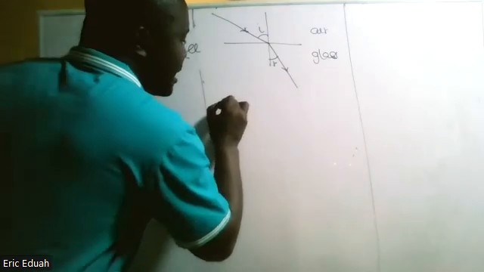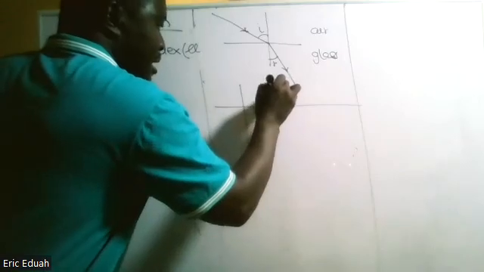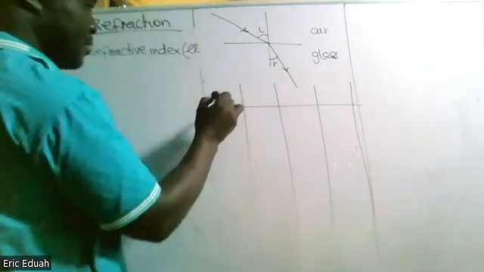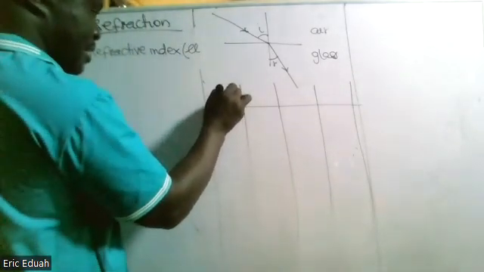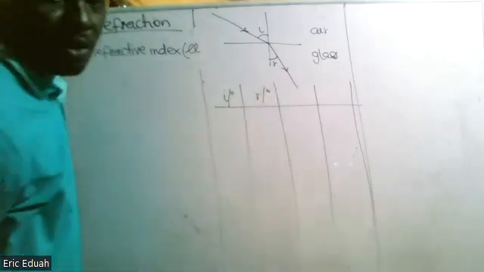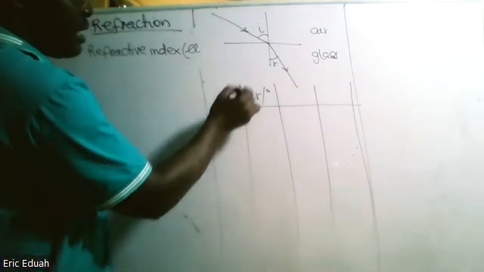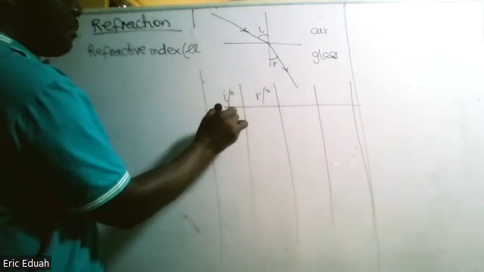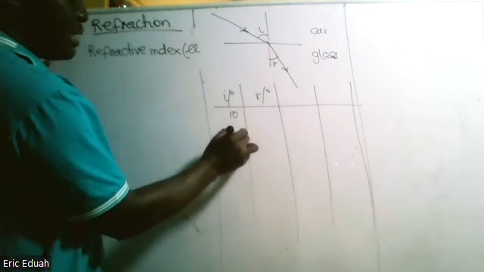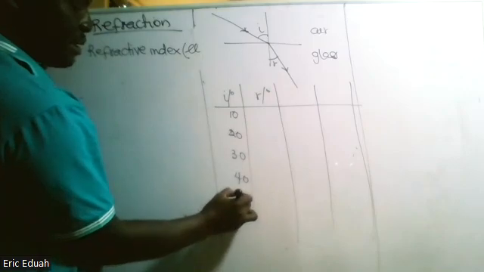Now I'm going to pick some values of I. Every I would give me a corresponding R. So let me assume to start by increasing I from maybe 10, 20, 30, 40, 50.